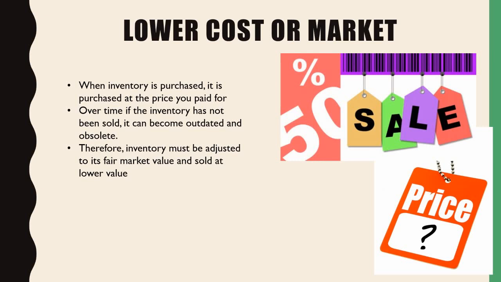So that's why we have what's called lower cost or market, because when we have inventory for a long time, it eventually loses value, especially technology, where we have more advancements every single year.